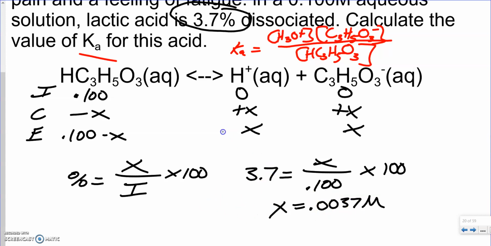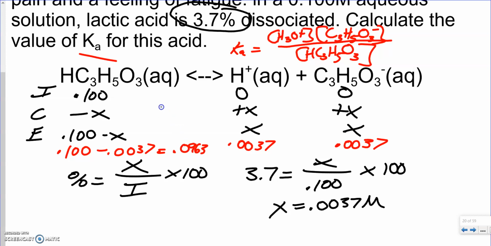So at equilibrium, X is 0.0037, and that's going to be true for our lactate ion as well, and also for the hydrogen. So 0.100 minus 0.0037. We actually do have to calculate this value in this case because we need the actual equilibrium value to be able to solve for our K value. So at equilibrium, there is 0.0963 molar of the lactic acid left in solution.